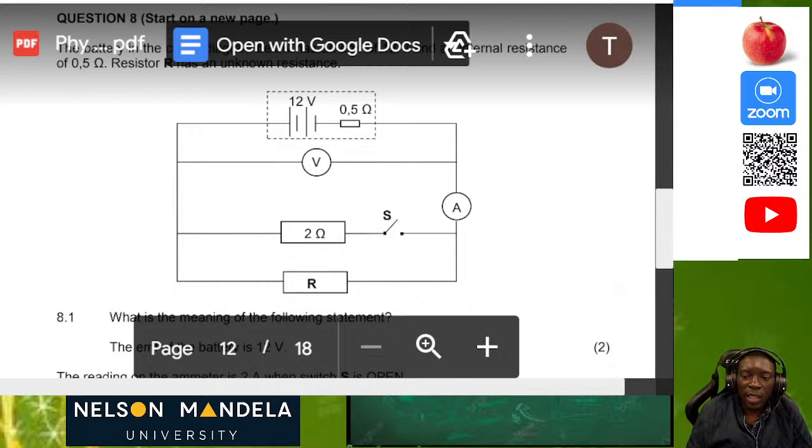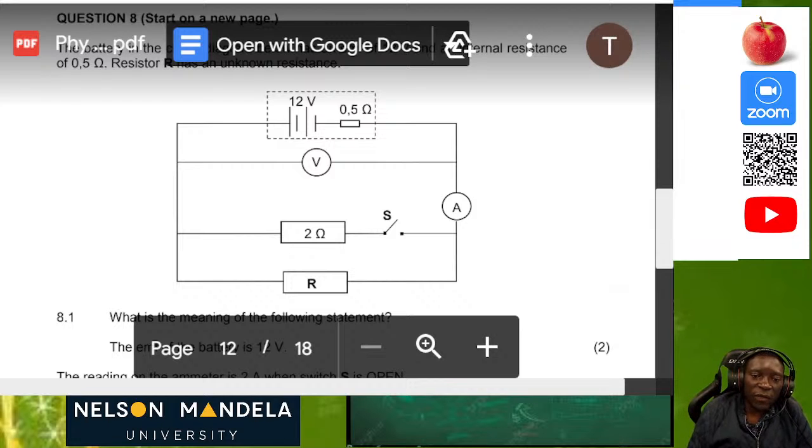So we call that EMF. If we convert other forms to electrical, we obtain EMF. And when we convert electrical energy into other forms, we talk of voltage. So if we are working across a resistor, or a heater or an electric bulb, then we convert electrical energy into other forms, and we simply refer to that as voltage.